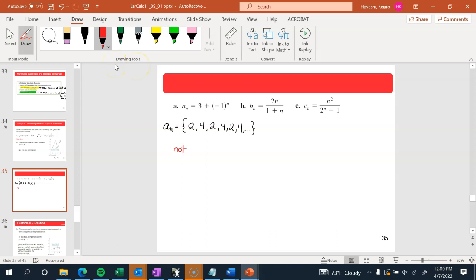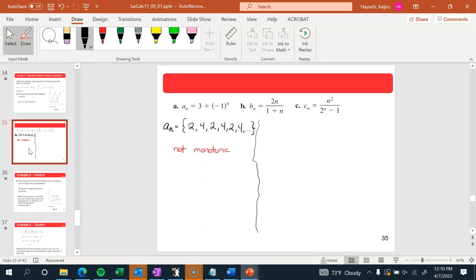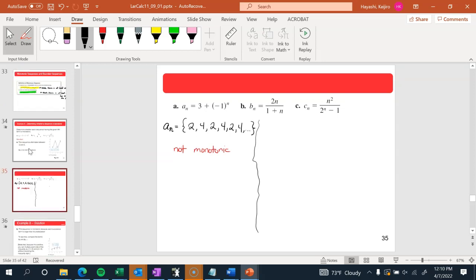But this sequence is not monotonic. It goes up and down. It oscillates between 2 and 4. So that first one is not monotonic.